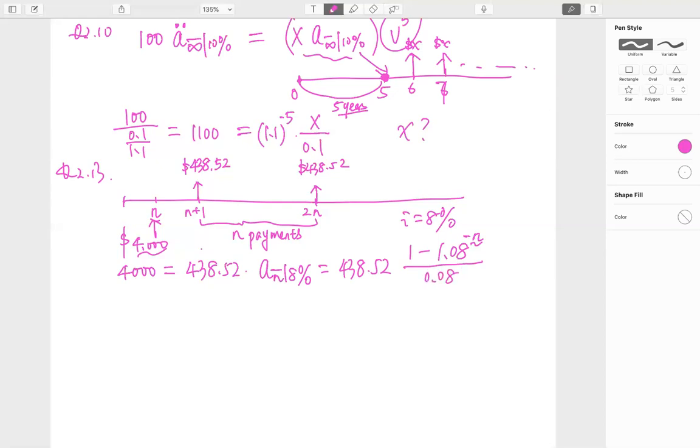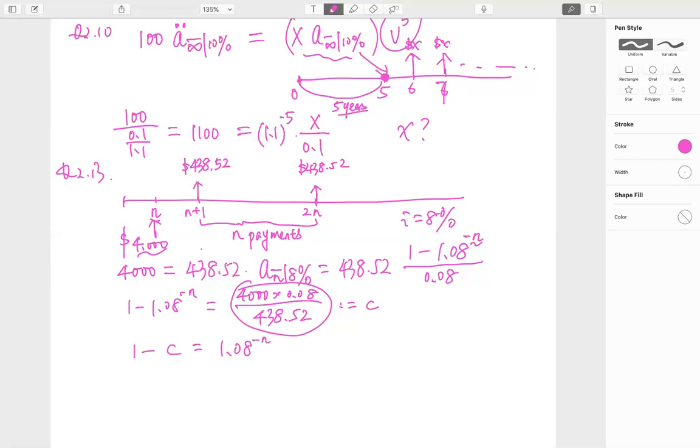To solve this, this will be 4,000 times 0.08 divided by this 438. Let's call this a constant c. So I use 1 minus c to get this.